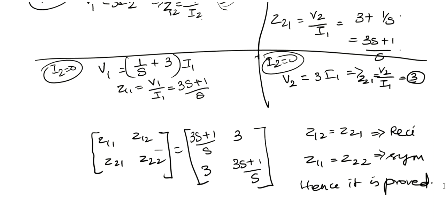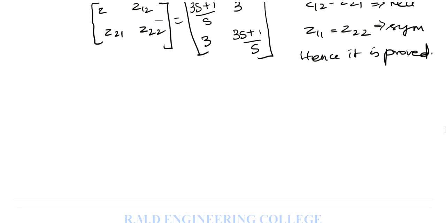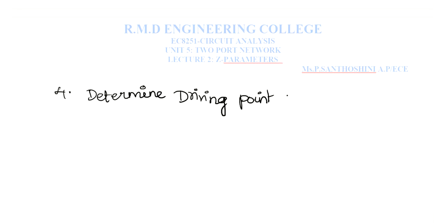Clear? And now we see one more different sum. Now we can start the fourth sum. Determine the driving point network. Can you tell me how many?